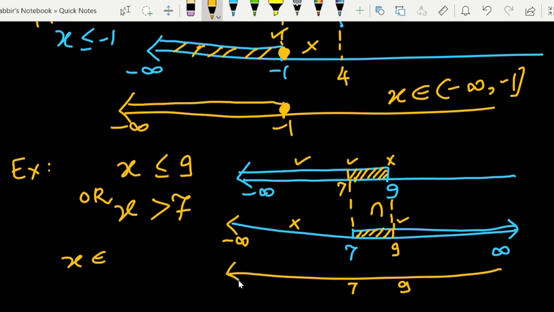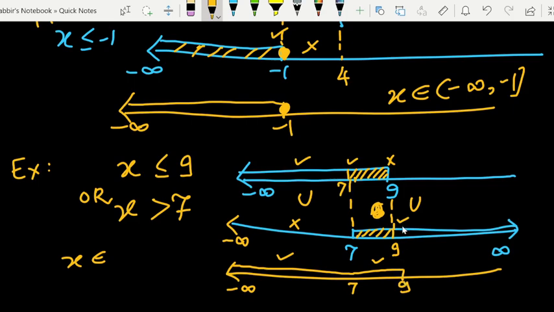Whether it is common or uncommon, from minus infinity to 7 we will take it, because it is a union, not an intersection. And from 7 to 9 it is common, that we will also take. So 7 is a part of this, so minus infinity to 9 we will take.